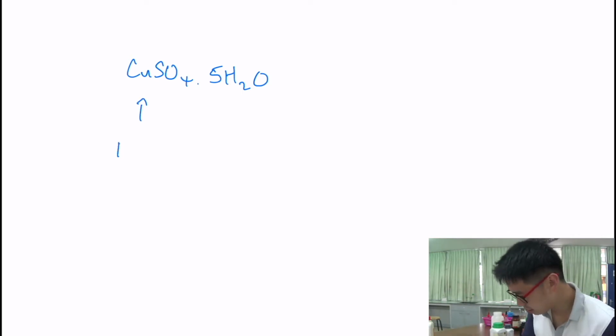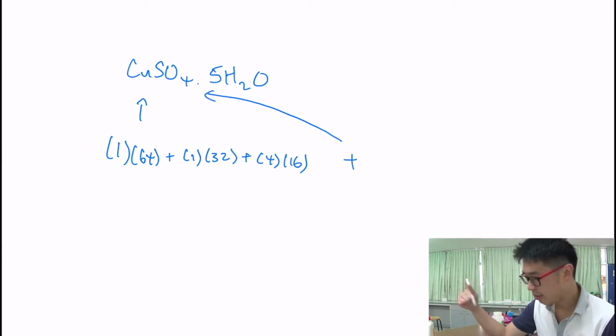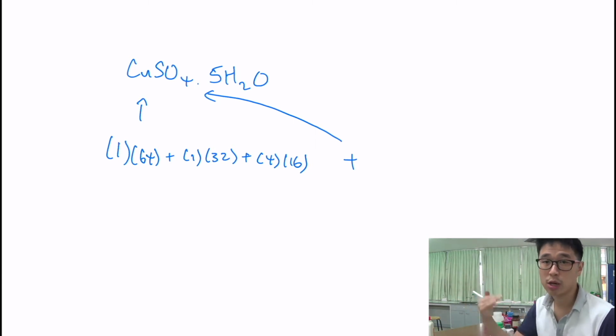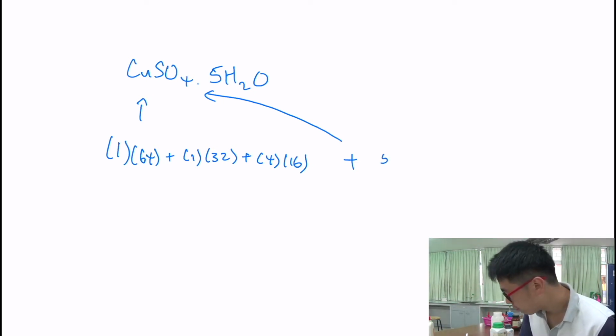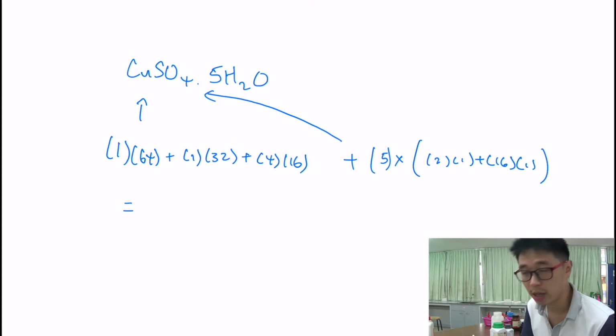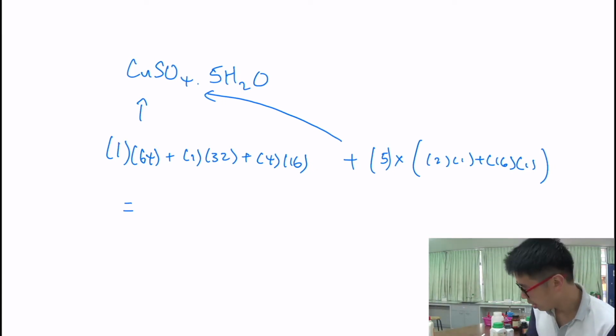So 1 times 64 for copper plus 1 times 32 for the sulfur, plus 4 times 16 for the oxygen. And then the dot simply means, in the giant ionic lattice of copper(II) sulfate, which is an ionic compound, cations and anions, Cu2+ and SO4 2-, I have 5 waters of crystallization, so 5 times (2 times 1 plus 16 times 1), the molecular mass of water, because of 2 hydrogen and 1 oxygen atom, is 18.